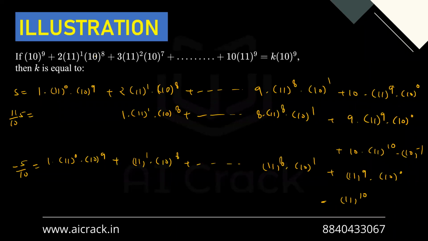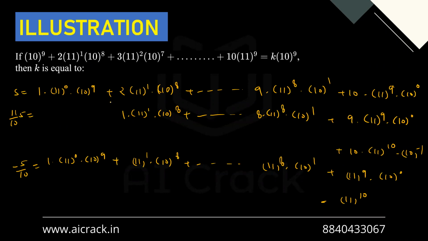Now basically we have minus s by 10 equals, now this becomes a GP with an additional term of this one. So we have 10 terms in this GP because it's starting from 0, it's ending at 9. So we have 10 terms and this is an additional term.